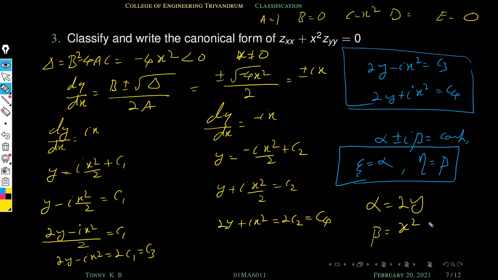That is only x square. The standard form is alpha plus or minus i beta. So in this case, we can take alpha as 2y and beta as x square. So our psi we can choose as 2y and eta as x square. This is the technique for finding the transformation functions psi and eta for an elliptic function.